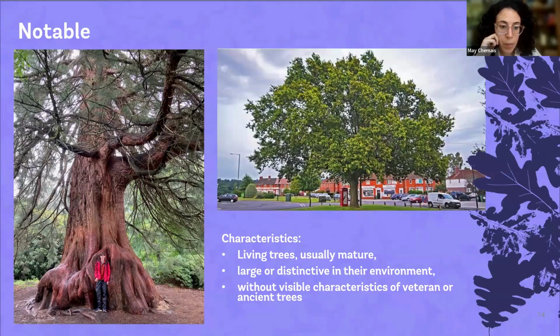They're very big, and they do very well in Wales, England and the UK in general. But they're not ancient, not typically veteran, not typically very decayed, but still very impressive in relation to other trees around them. So that's a type of tree that we also have.